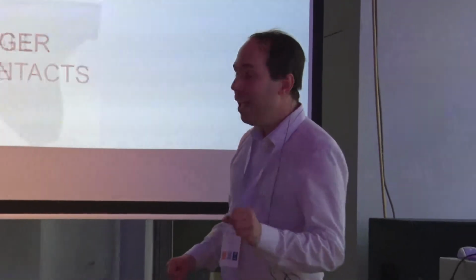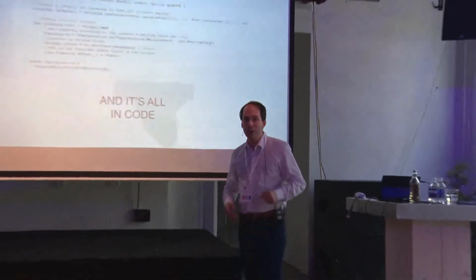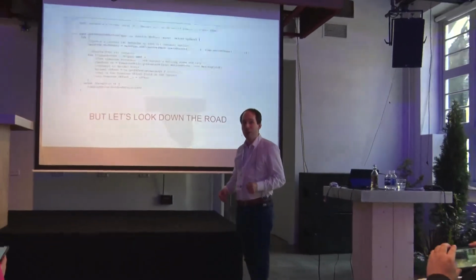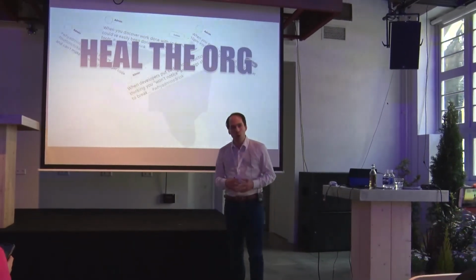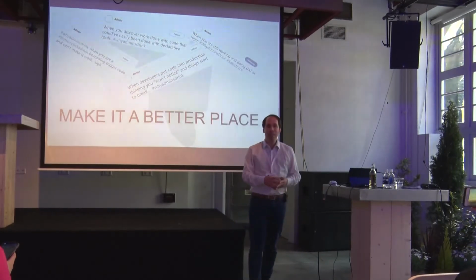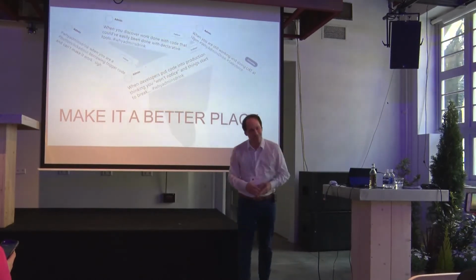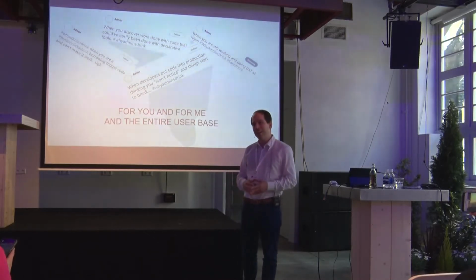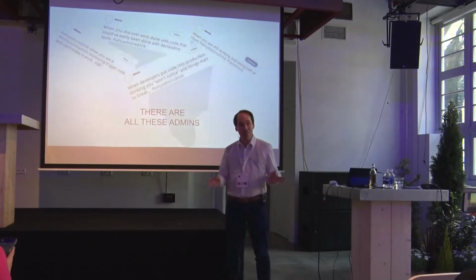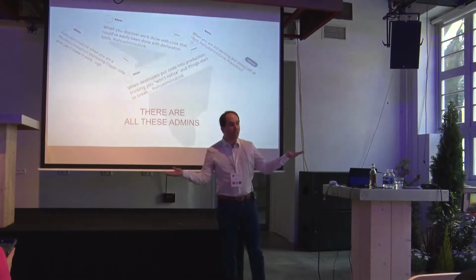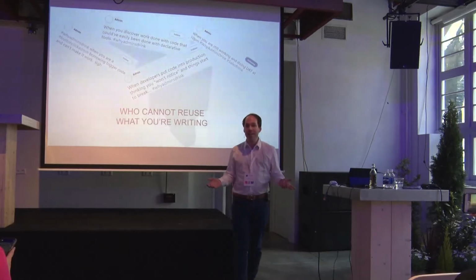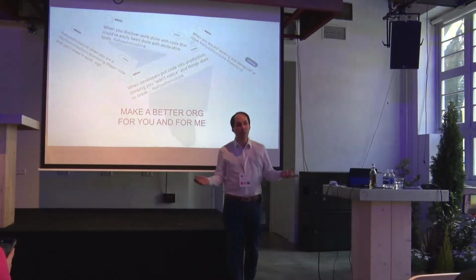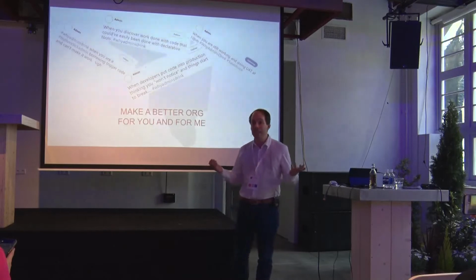See, here's my Apex. It's a trigger updating contacts, and it's all in code. But let's get down the road. Heal the old, make it a better place for you and for me and the entire user base. There are all these admins who cannot reuse what you're writing.